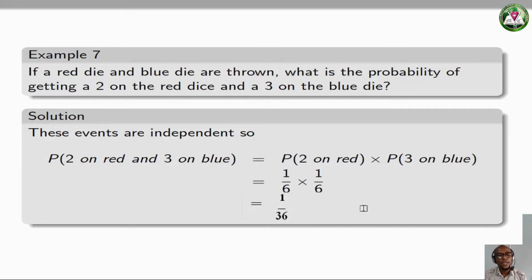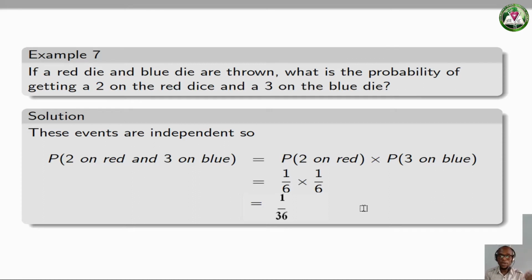Example 7. If a red die and a blue die are thrown, what is the probability of getting a 2 on the red die and a 3 on the blue die? You can see that there are two events here. Like the example I gave you earlier, we have a red die and a blue die, two different dice.